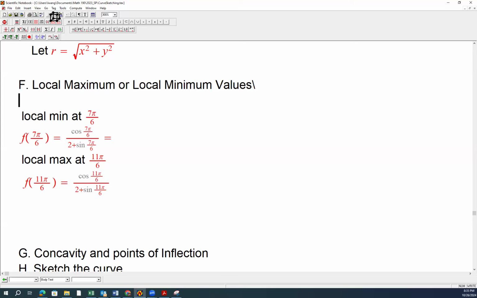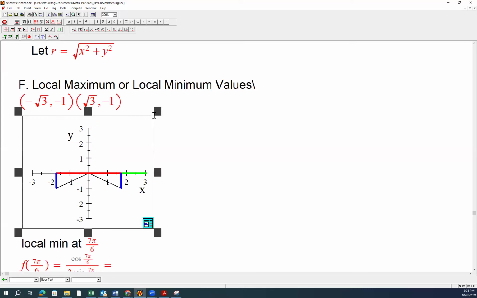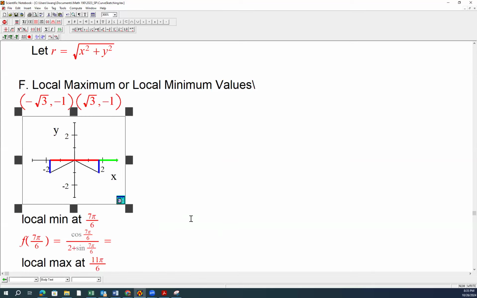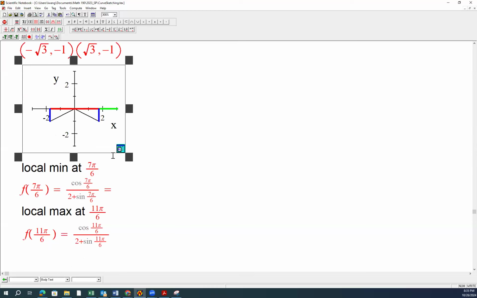Okay, so I'm going to put it here for our convenience. All right, when we need any number, we know that the blue is -1, the red is √3. So we have the points right there. So we got it.